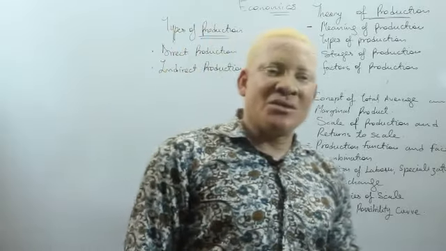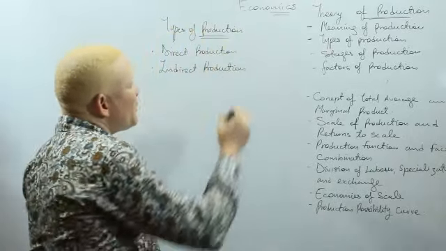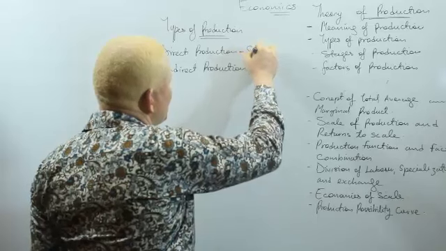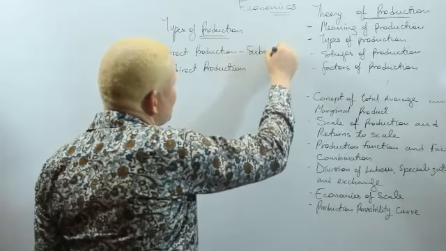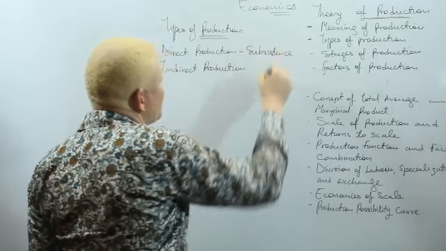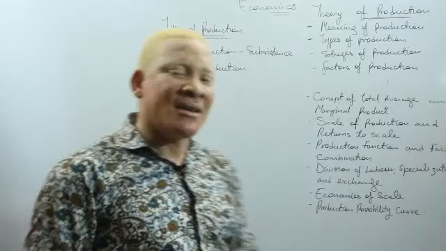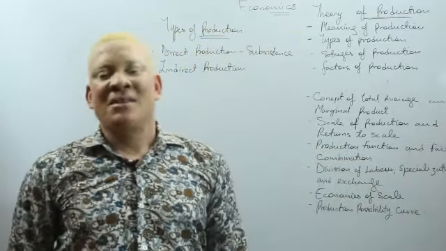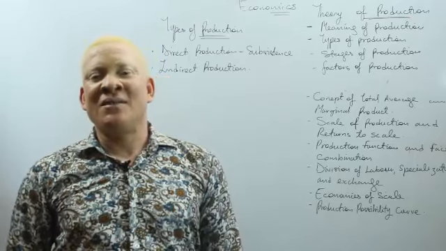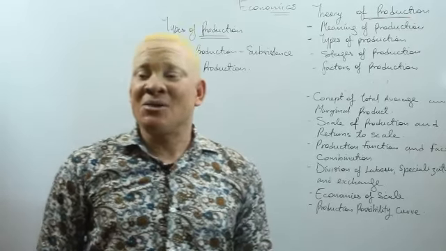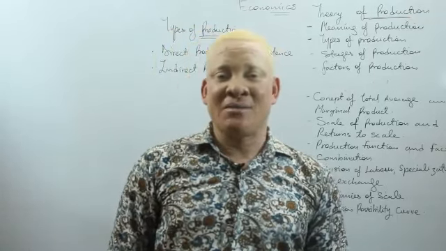Now, the direct production is actually referred to as subsistence production. Subsistence production is a kind of production that involves direct consumption by the producer of whatever has been produced.